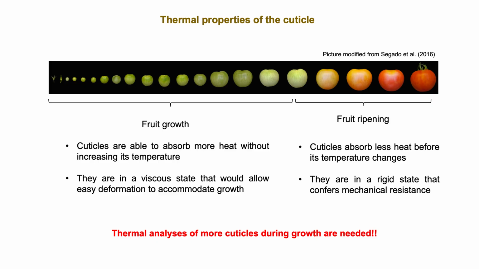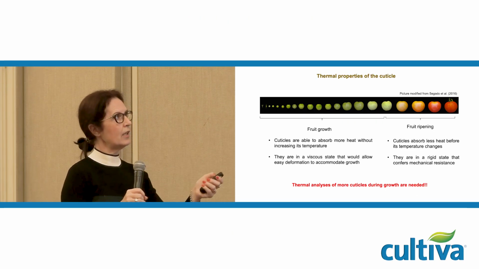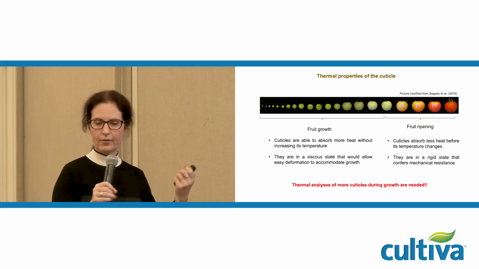How do we sum this up? Well, from what we know, this is what's happening from a thermal perspective to the cuticle. During early stages, the cuticle is able to absorb more heat without changing its temperature, but at the same time, it is above the glass transition temperature, which means it is in a rubbery state. As Jocelyn mentioned earlier, during this period, the cuticle needs to accommodate a lot of organ growth.